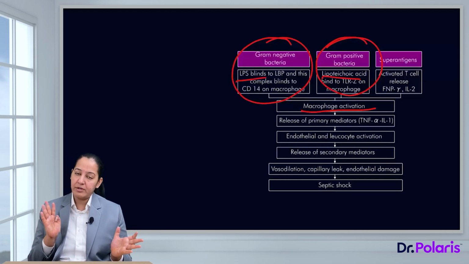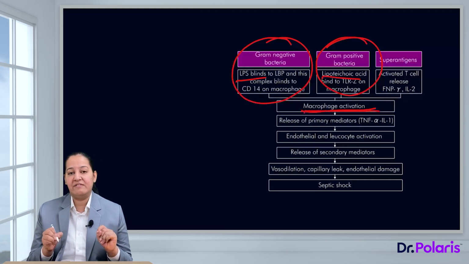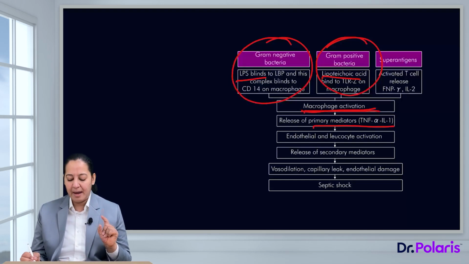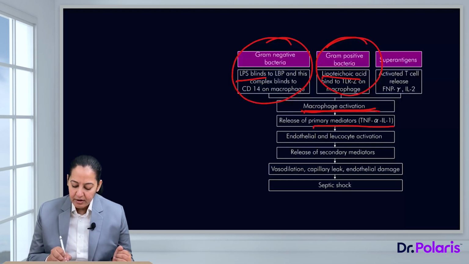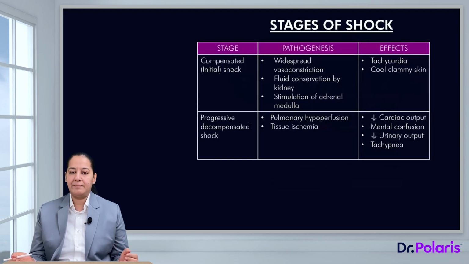Both of them cause macrophage activation through CD14 receptors. The macrophage secretes certain mediators, that is TNF-alpha and IL-1. That causes release of secondary mediators and leads to vasodilation and capillary leak, and that leads to septic shock, the third type of shock.